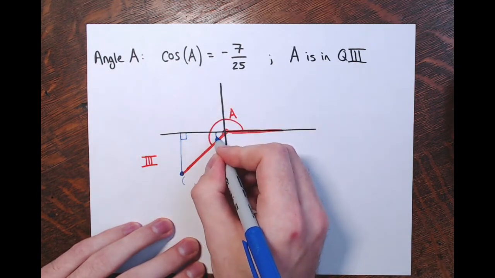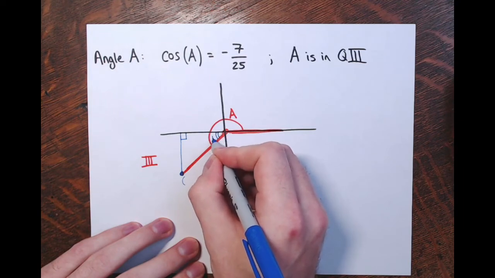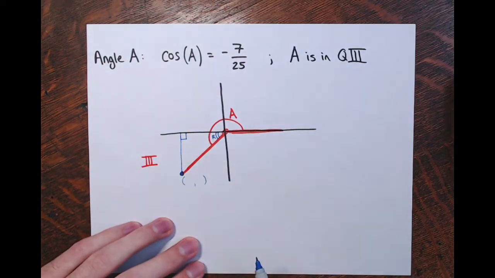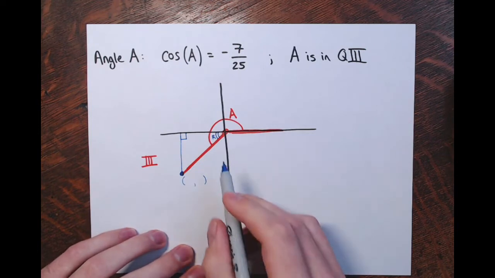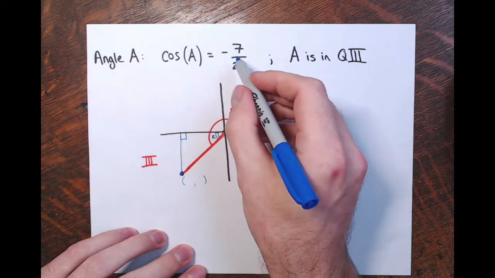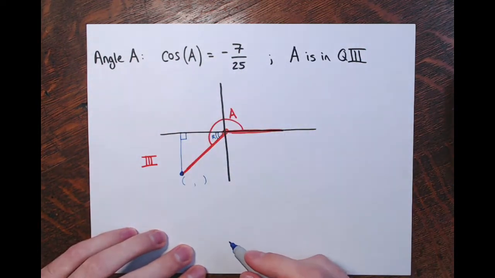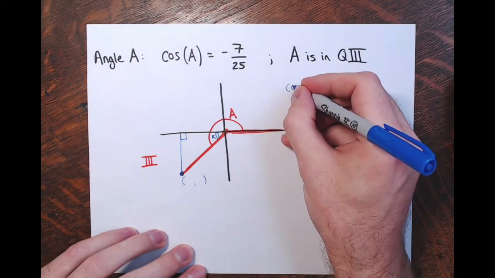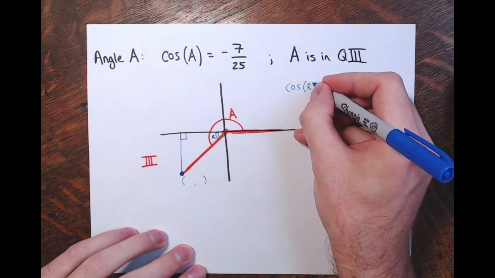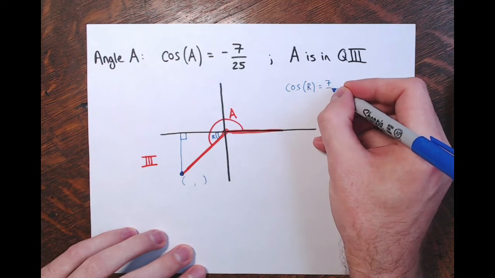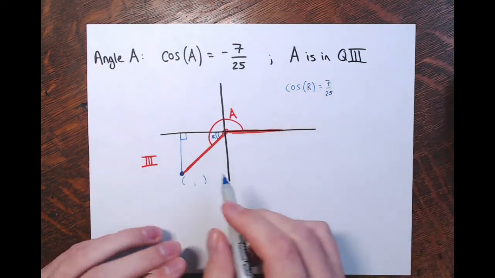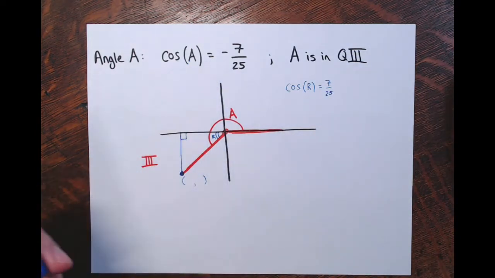And this angle here is called the reference angle. I'll call it R. Since the cosine of A is negative 7/25, I would like the cosine of this reference angle to be 7/25. But we're in quadrant 3, so the larger angle has a cosine of negative 7/25.